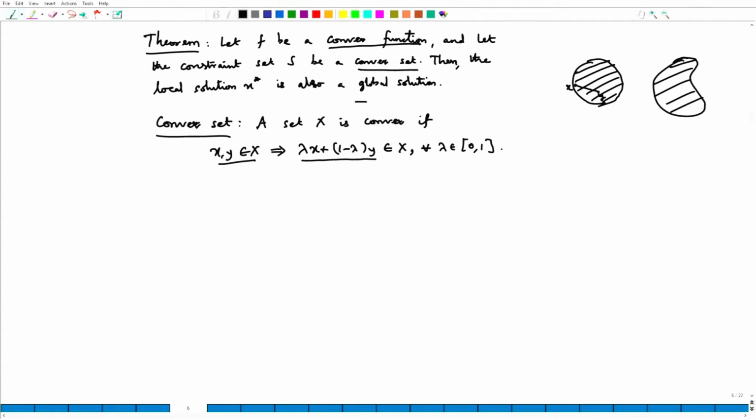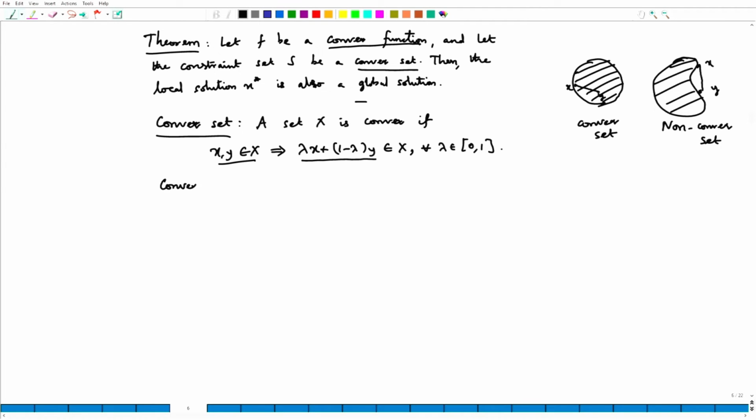Now, this is not a convex set, because if I join these 2 points, say this is a point on the set and this is another point on the set, the line segment in between does not lie within the set. So, if that is the case, then such a set is a non-convex set. This is a non-convex set and this is a convex set. So, that is the definition of a convex set.